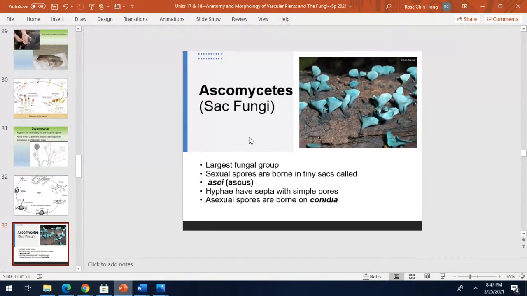Now we're going to do ascomycetes, which are the sac fungi. So I got this picture here. And also, if you say sac fungi, it has a cup-like feature. So you see it's kind of cup-like. This is a nice blue fungus here that I put in the picture. So it could be very attractive.